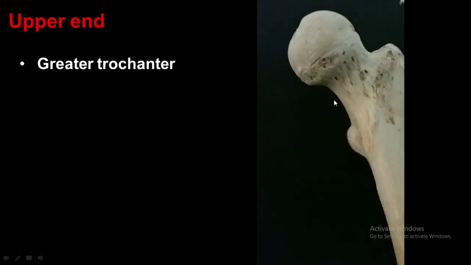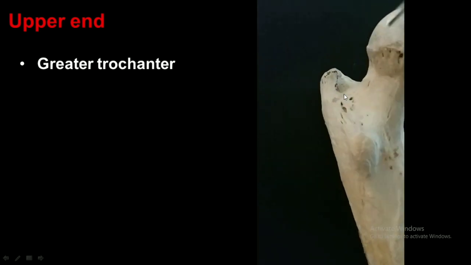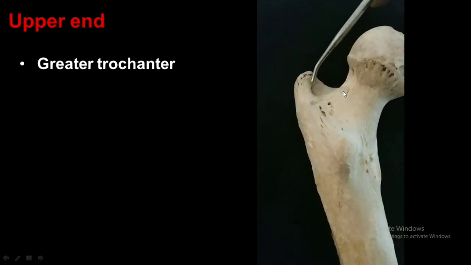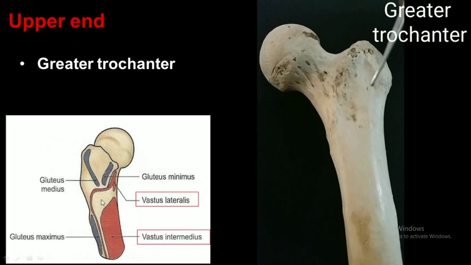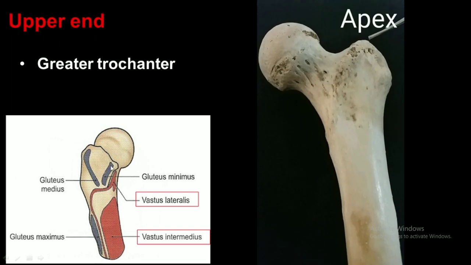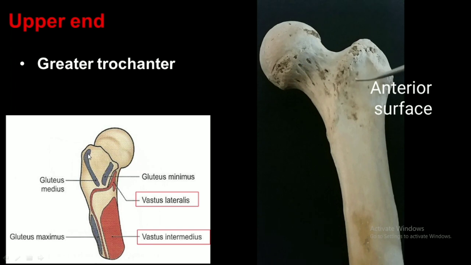Okay, and this is the medial surface. This is the trochanteric fossa. Gluteus minimus is inserted over the anterior surface, and gluteus medius over the lateral surface over the ridge.